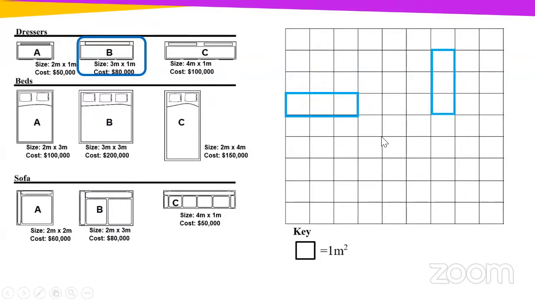Now, with that in mind, what would be the area of dresser B? Just type it in the chat quickly. I'm seeing 3 meters, and 3 square meters.